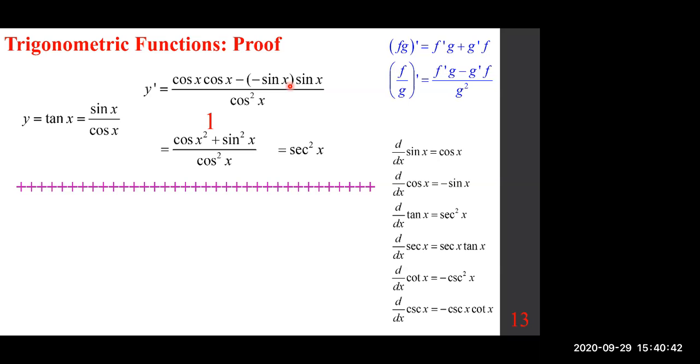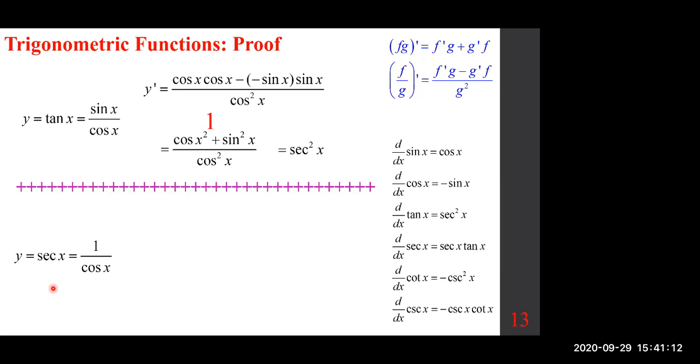I highly recommend you try cotangent x on your own. We are going to look at the secant x as well. So y equals secant x. We want to prove this, everybody. And to prove that, we know secant is 1 over cosine. Therefore, it makes sense to use the quotient rule on that again.